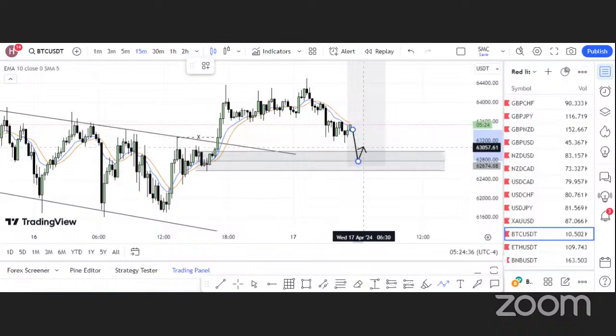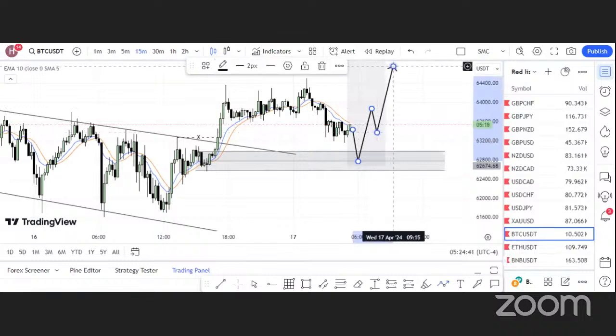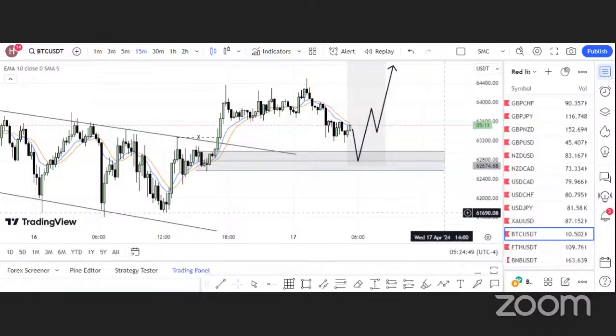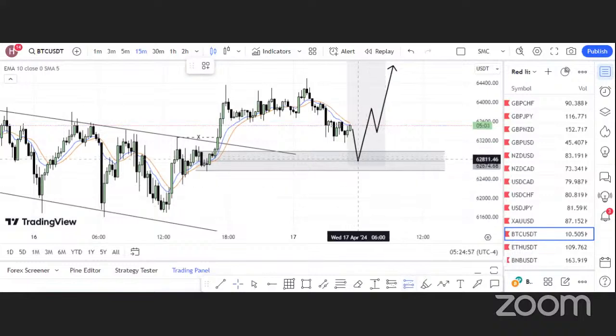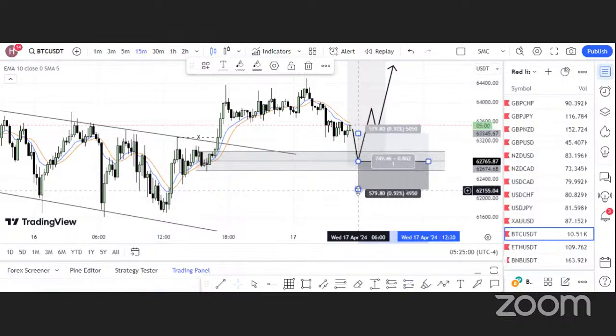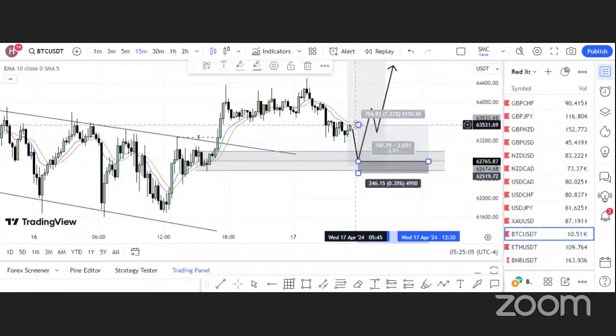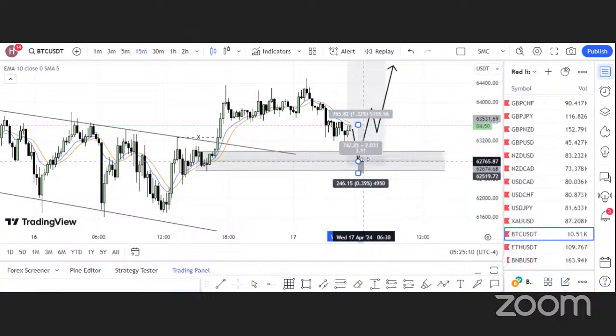This is the move I'm expecting the market to make. So this level will be my first take profit level. My entry is going to be from here.